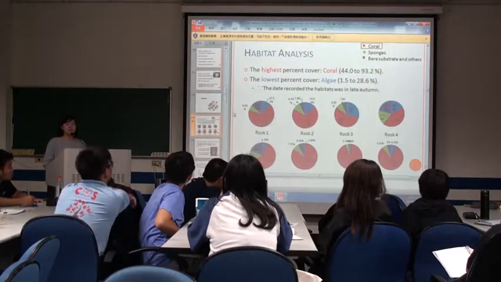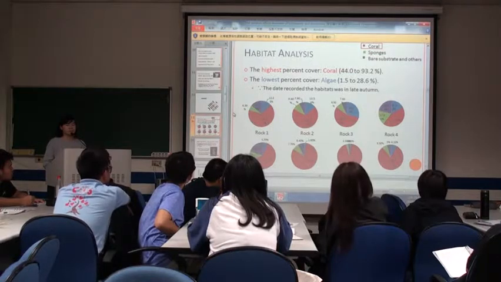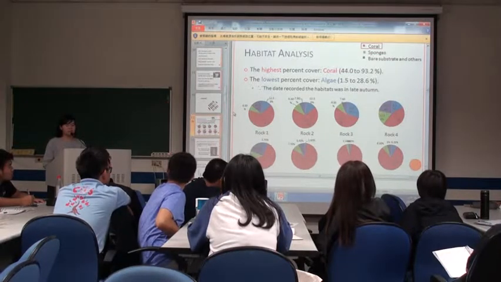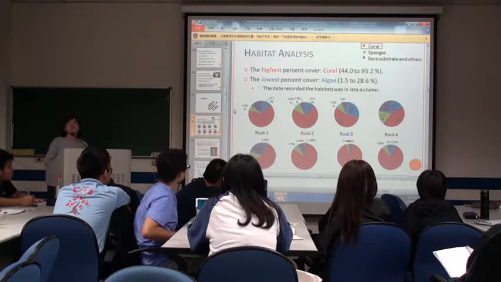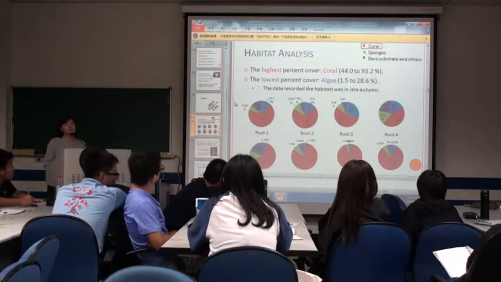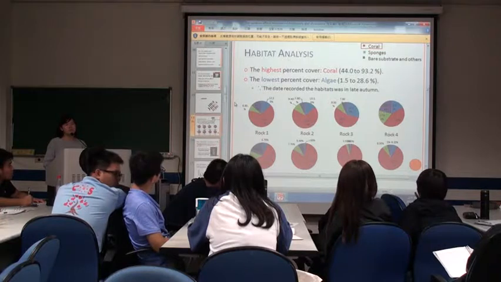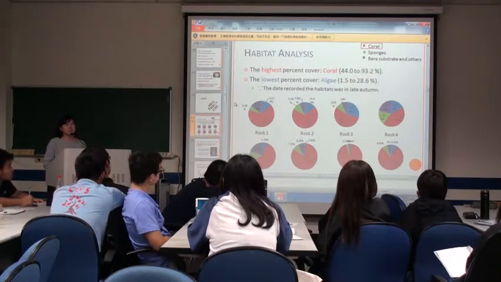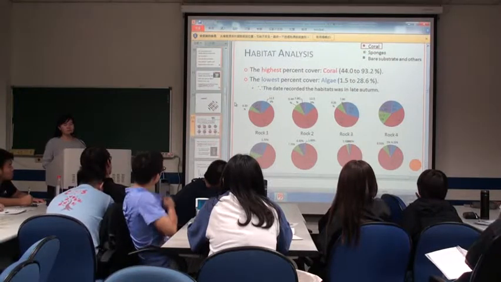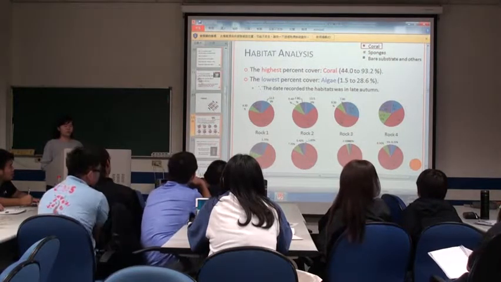You say that the lowest percentage of them live in algae is because the data is recorded in the late autumn. But a possible reason is that they are meat feeders, so they prefer to live in coral because the food there is much more than in algae.